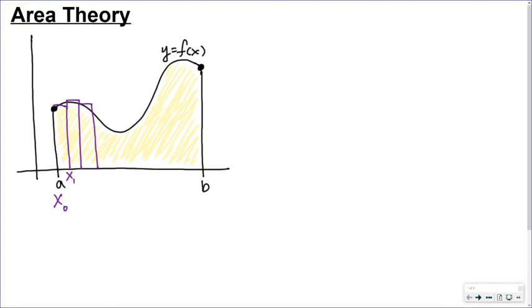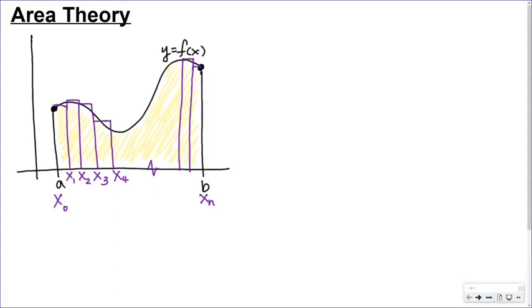That'll be our first, then x sub 1, x sub 2, x sub 3, and maybe I'll make a big rectangle here so I can describe what's going on. All the way up to, we've divided this into lots of rectangles, and let's say our last rectangle is our nth rectangle.